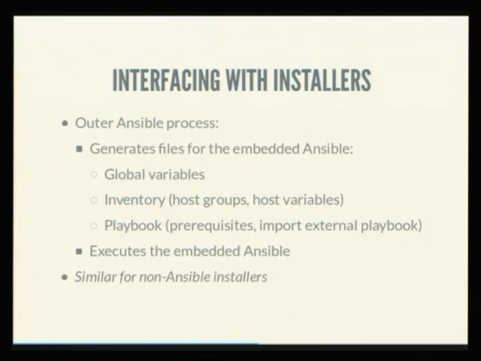For example, for OpenShift Ansible, we had to do some NetworkManager configuration because it expected it to be in a different state than we use it by default in TripleO. And then we import the playbook from the external embedded installer and run Ansible as a sub-process. We don't have any experience with integrating non-Ansible installers so far, but it would be fairly similar, you would just generate probably different files and execute it in a different way.